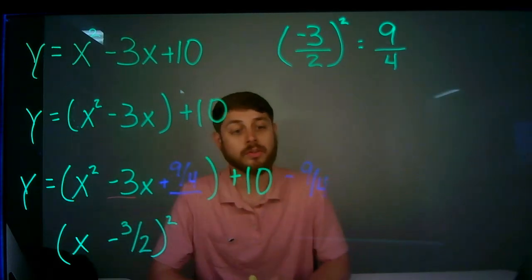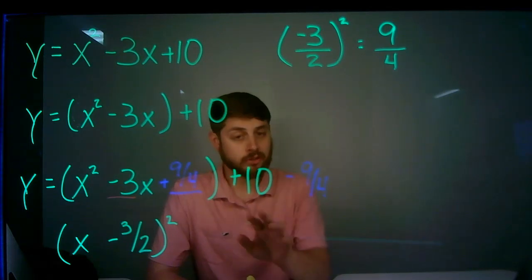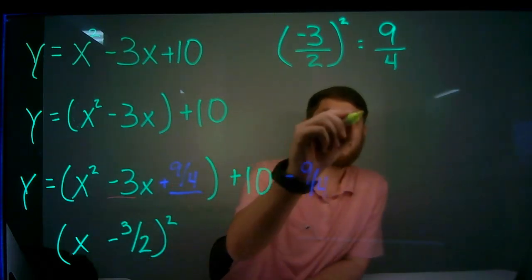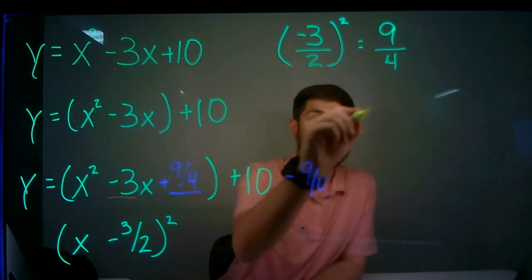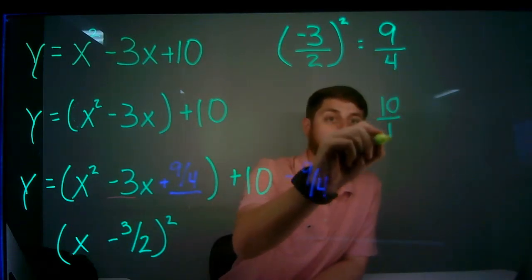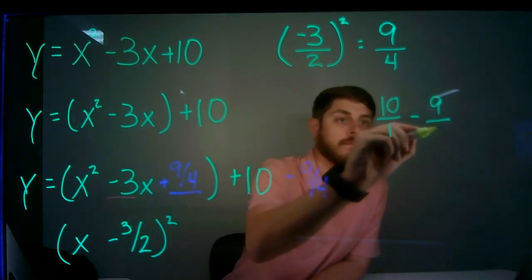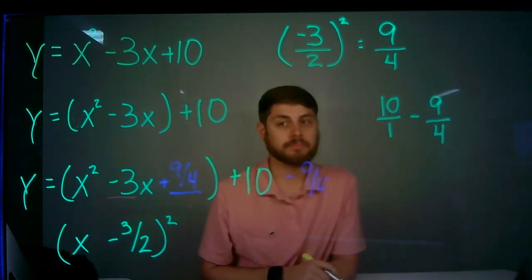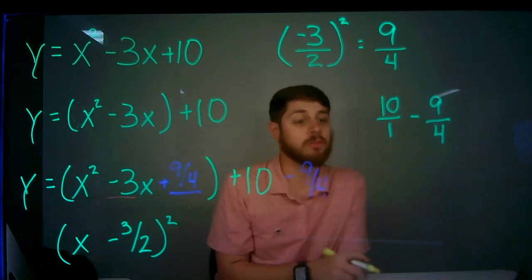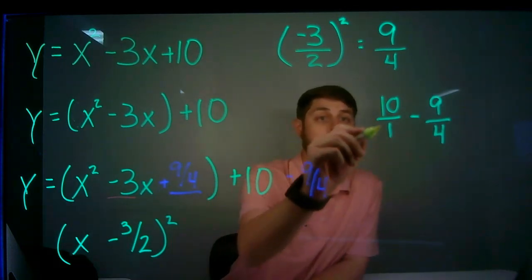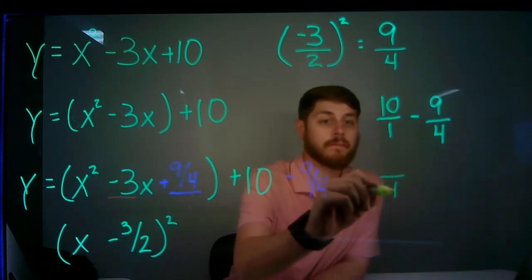Now on the outside, we're going to have to do a little manipulation with the 10 so we can subtract 9/4 from it. We rewrite 10 as 10 over 1. To subtract 9/4 from it, we need to convert 10 over 1 into a common denominator. We need to make the denominator 4.